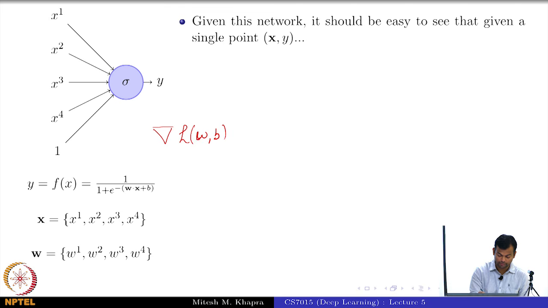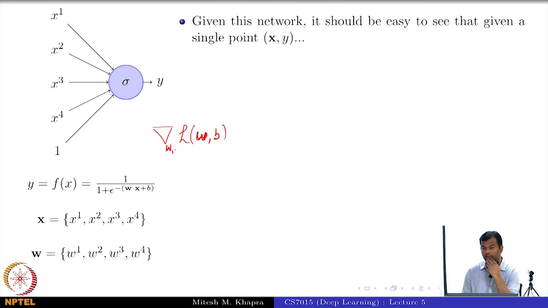So this W is actually the vector W, so it includes W1, W2, W3, W4. And I am trying to take the derivative with respect to one element of that vector. Do I need to show you how to compute this? Have you seen this before?